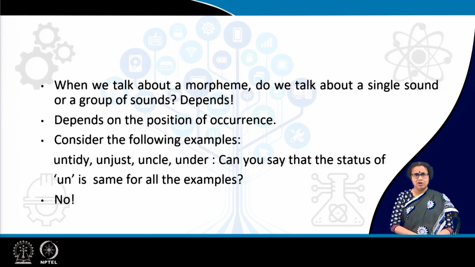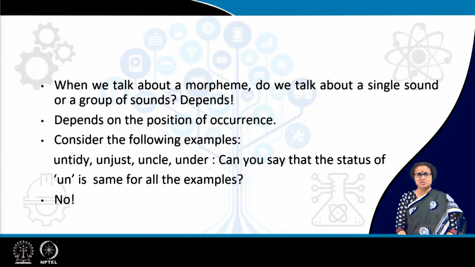The answer is no, because for untidy and unjust you can get some kind of semantic commonness, but for uncle and under you cannot break them as a separate morpheme, because with CLE and DER you cannot get any other meaning. These are not morphemes, though these are phonologically similar.